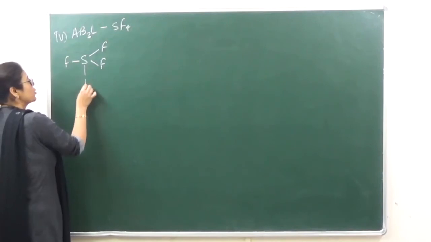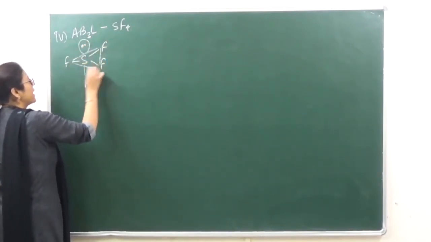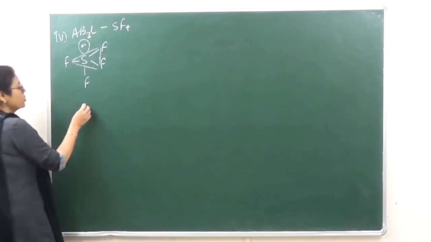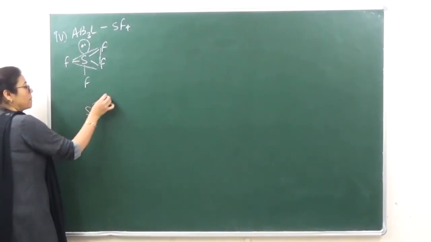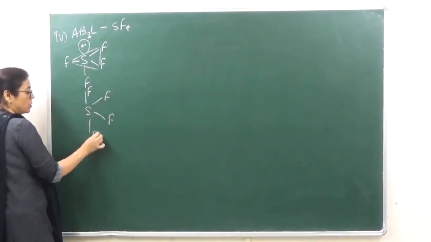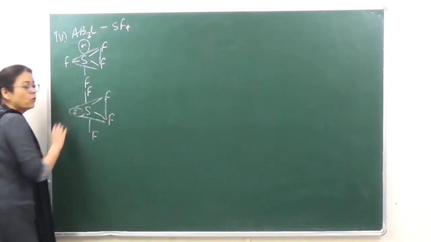The first structure is one in which the lone pair is directed towards the axial position, and the second in which the lone pair is directed towards the equatorial position.